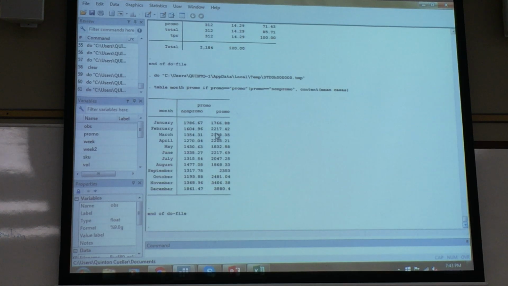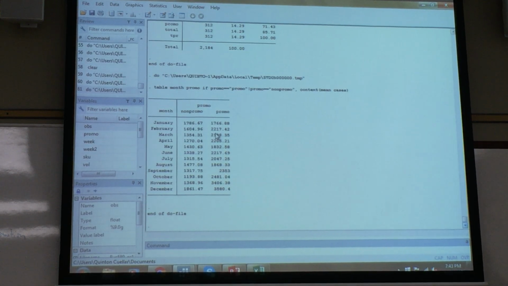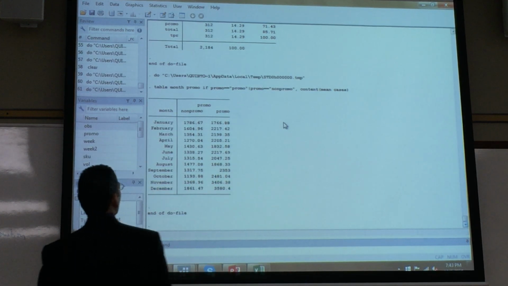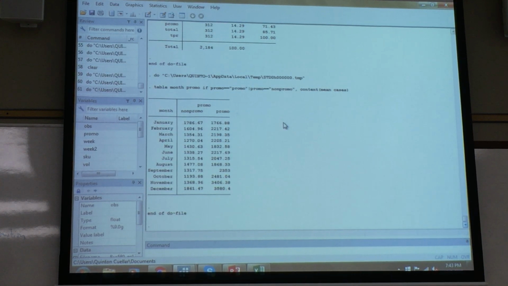Okay. So what do we got? We got average monthly sales. Get that thing out of the way. And we can see that promoted is generally more than non-promoted, right?